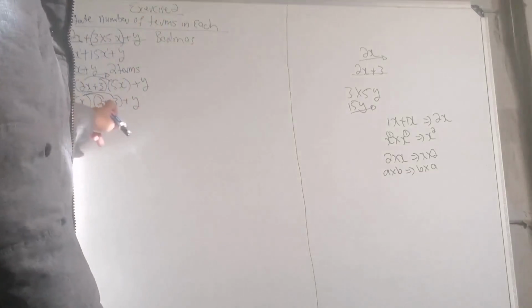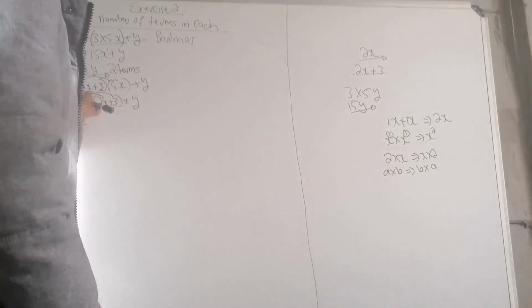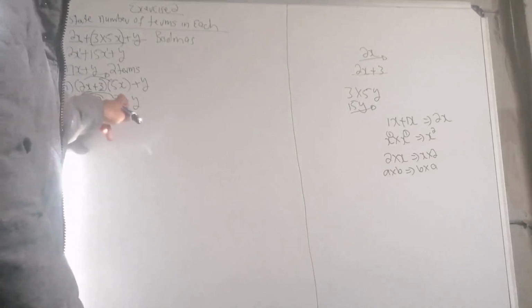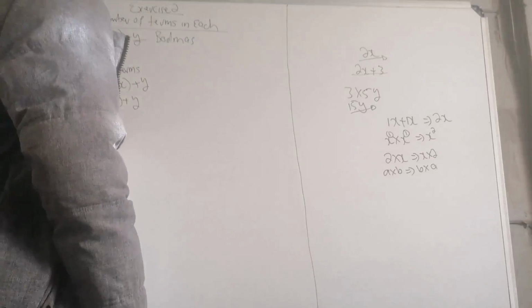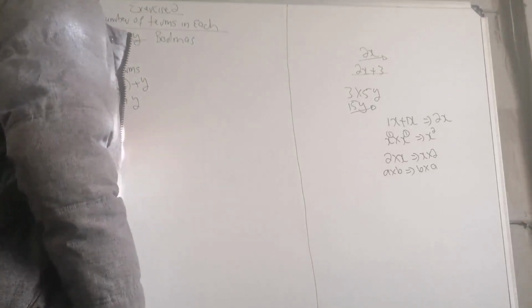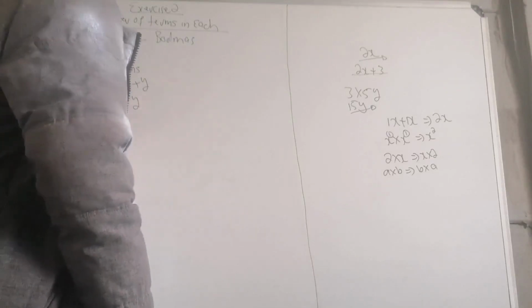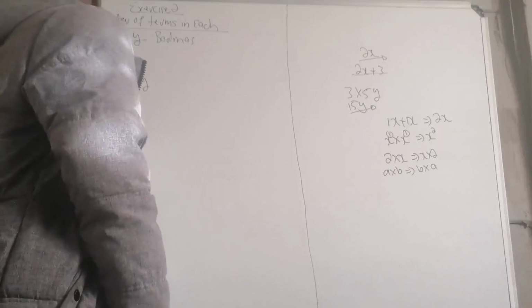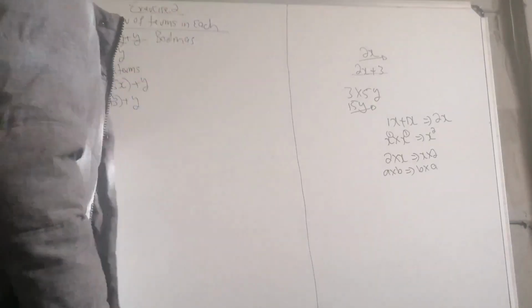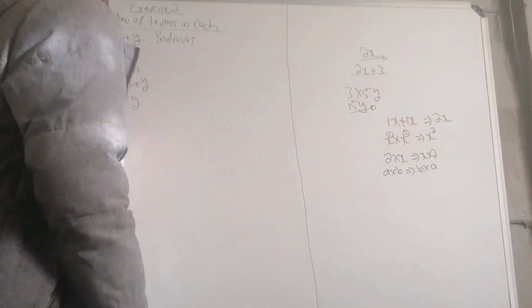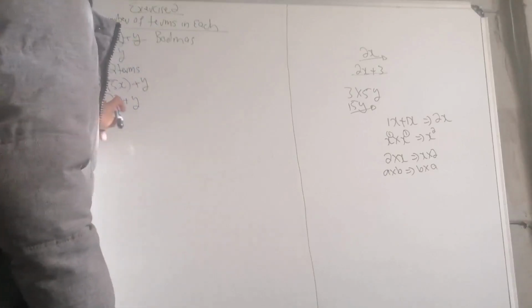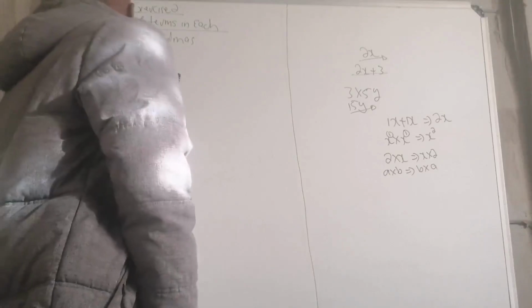Now that I have multiplied here, this 5x also has to multiply this other number. So you will say 5x multiplied by positive 3. Remember this number is positive. So positive multiplied by positive is a positive. Now 5 multiplied by 3, it's 15.